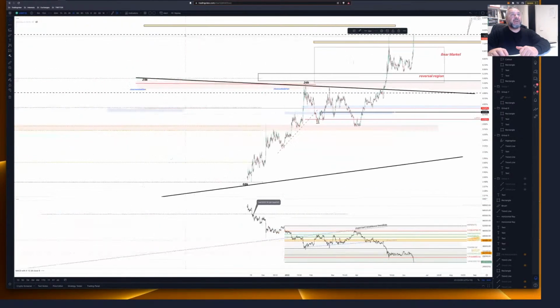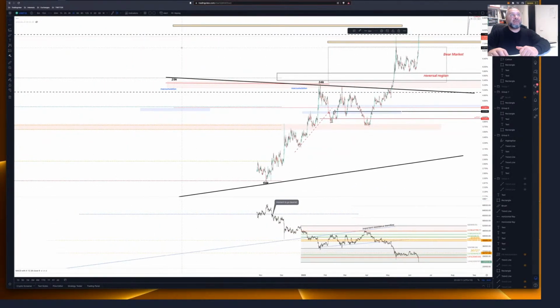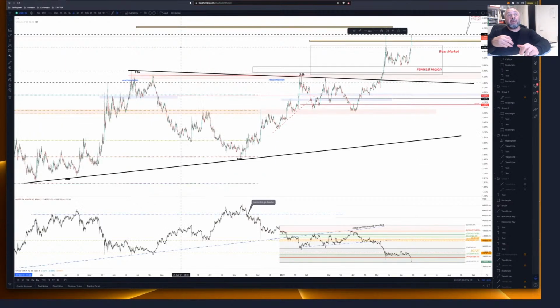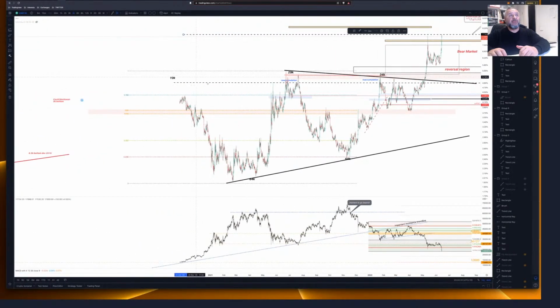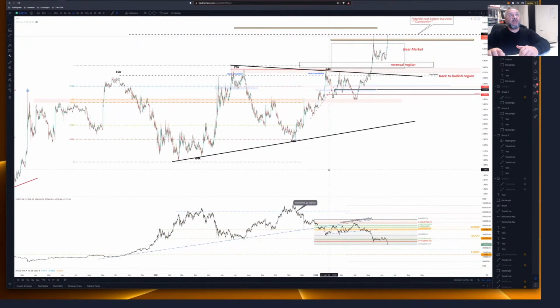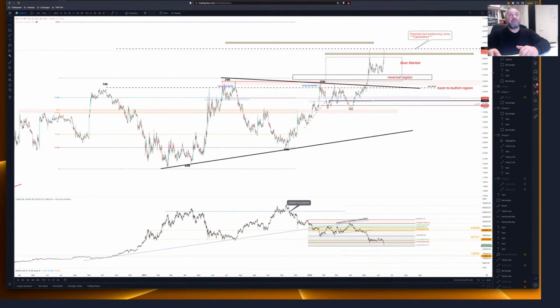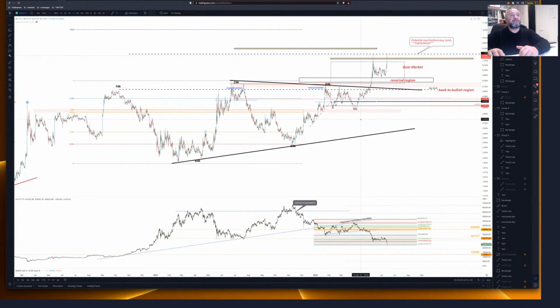That Fibonacci was done ages ago, and it's better to do it before. That way, you're not biased. So here's the Bitcoin chart, and this is the Tether, and you can see its alignment.